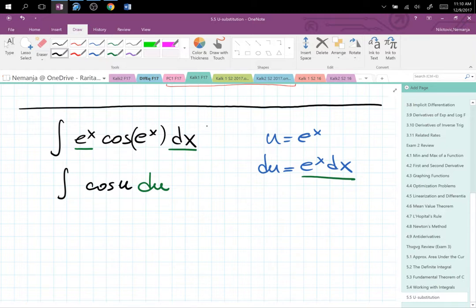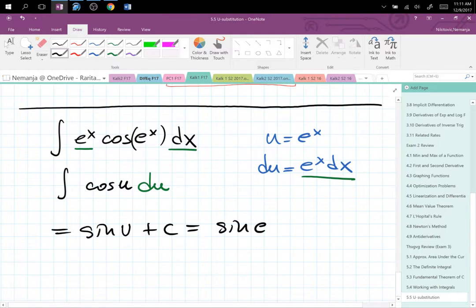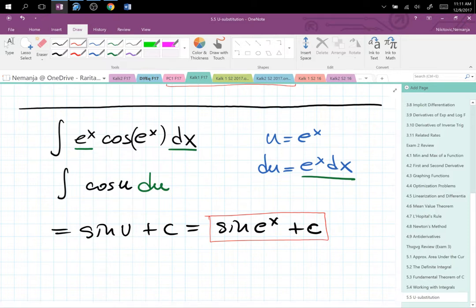The integral of cosine u is sine u plus c, and then sine e to the x plus c. The derivative of e to the x does not match the one that's in the parentheses. But what if it is cosine of e to the x times x instead of e to the x? Then no, you have to have its matching partner.